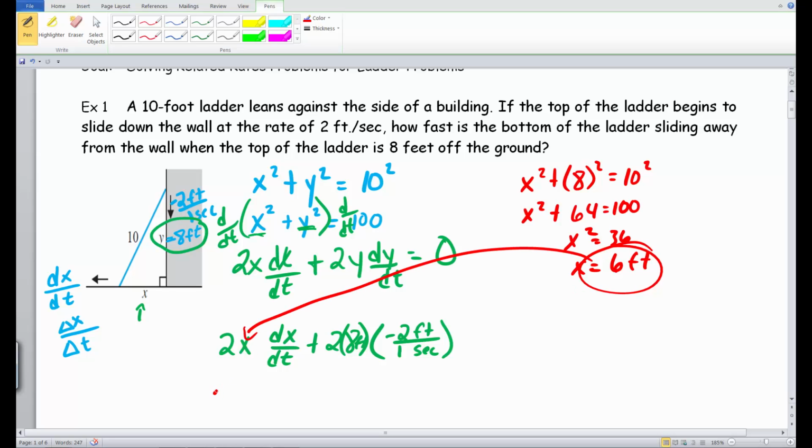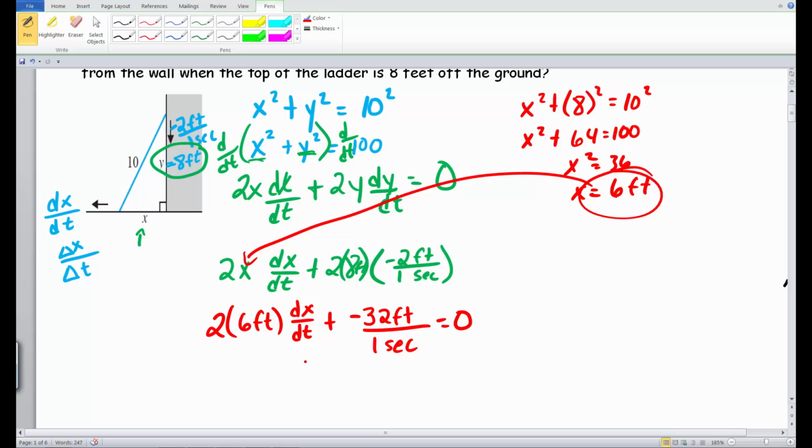And when we do that, we end up with 2 times 6 feet. No clue what our change in x over change in time is. It's something. Plus, I'm going to go ahead and clean this up a little bit. We notice that we end up with 2 times 8 times negative 2. That's going to give us negative 32 feet for every 1 second is equal to 0.